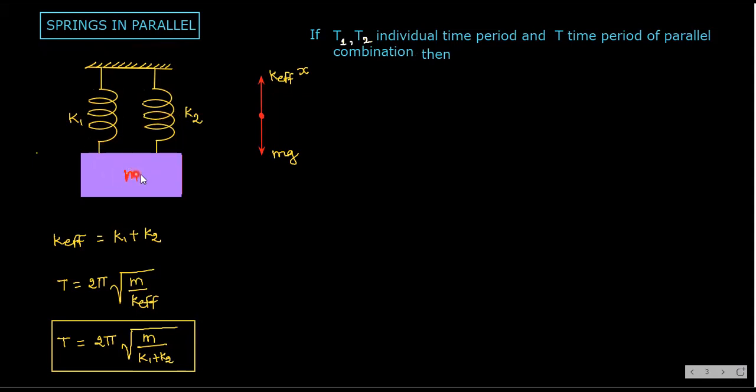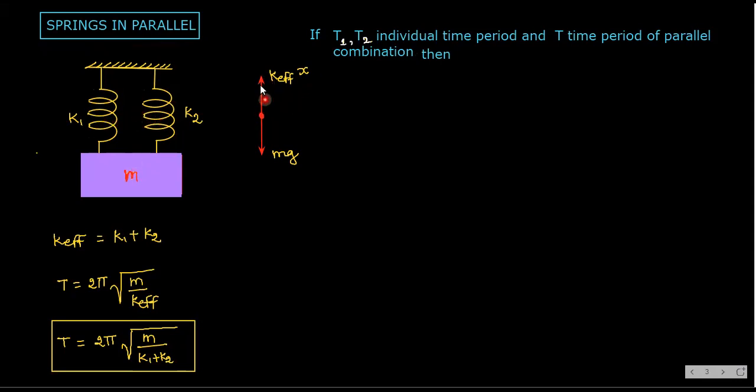And this is mass M. This is the combined mass. Combined mass means we have connected both the springs. And this whole system is oscillating now. That's what we are calling the springs in parallel. Load is common and it is the same for both the springs.